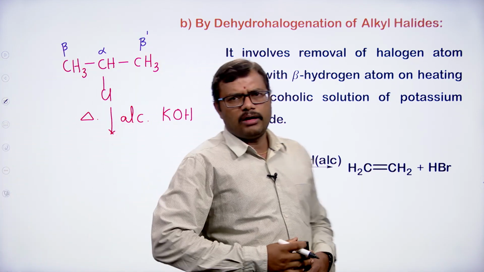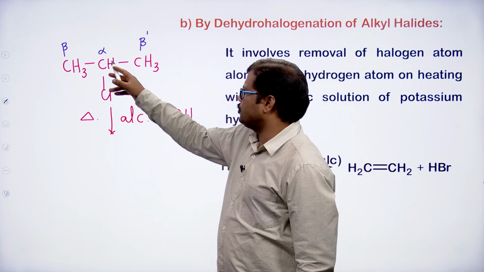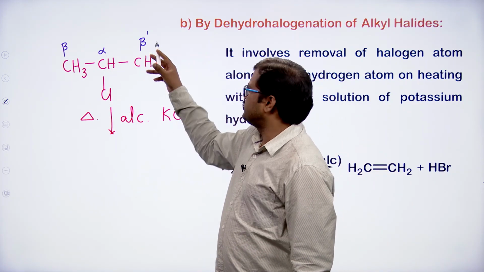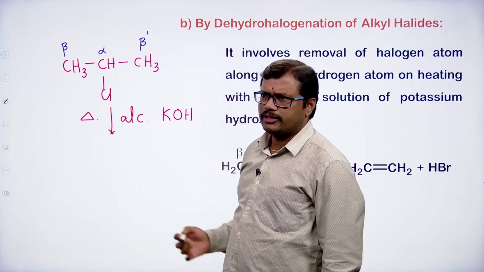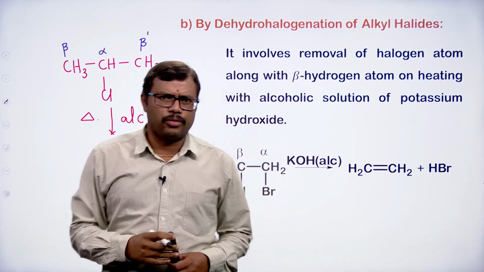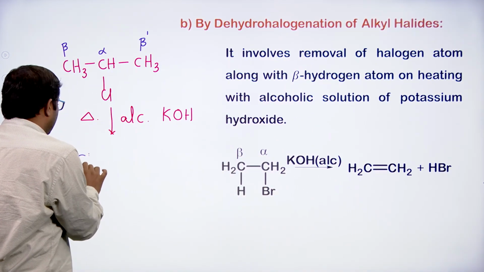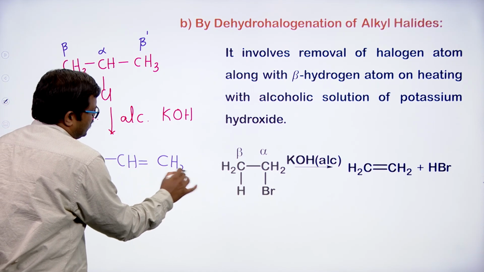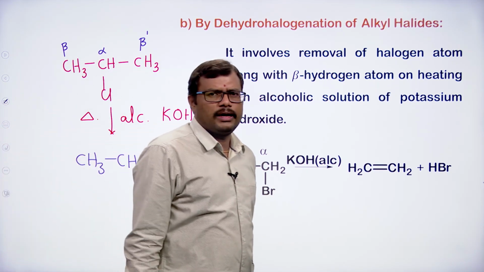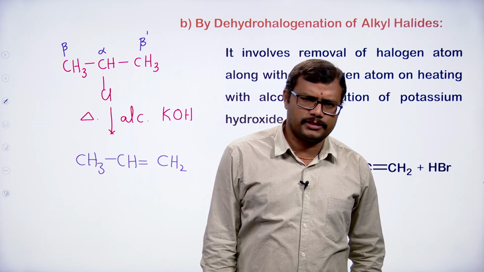Hydrogen halide is going to be removed and thereby we get CH3 CH=CH2. So we get an alkene as the product in this case, right?